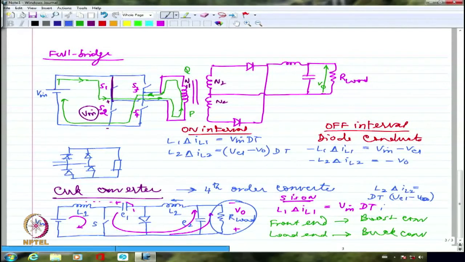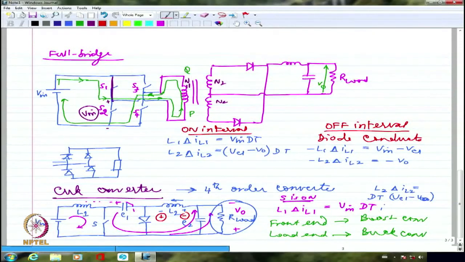Is that minus V0? Because this is the current path. Previously, this was plus and this was minus. Now, when it is releasing the energy, this will be plus and this will be minus. Right? They are opposing each other. V0 and the inductance voltage looks as though they are opposing each other. They are in parallel, actually. They are just in parallel to each other.